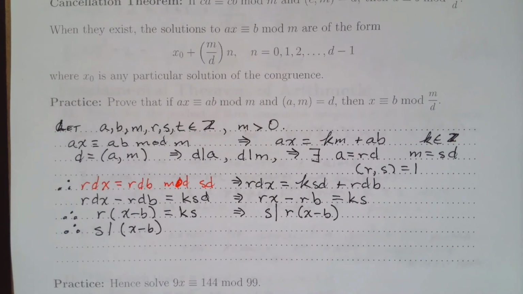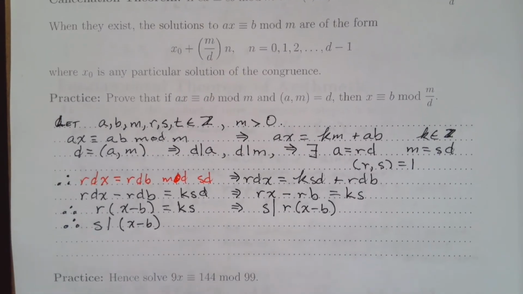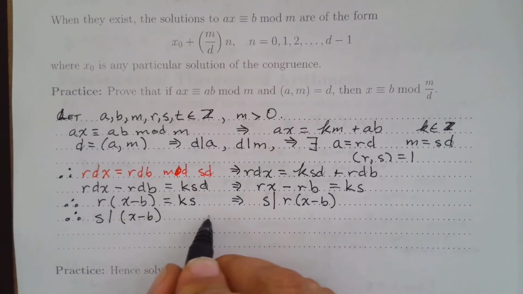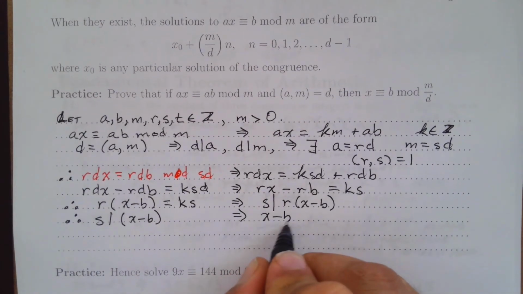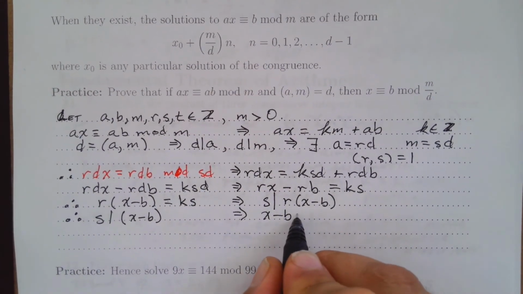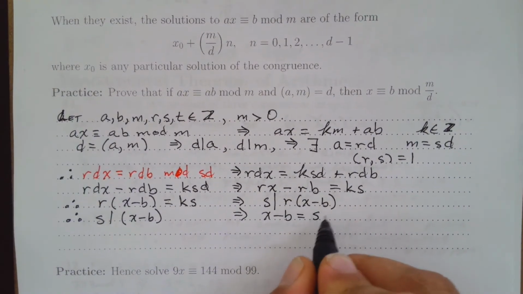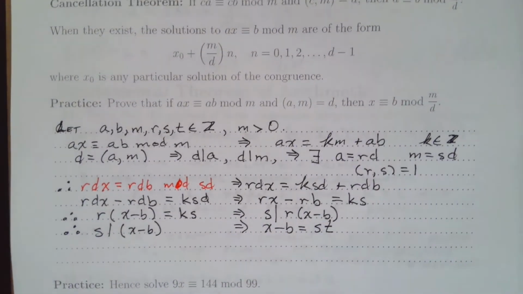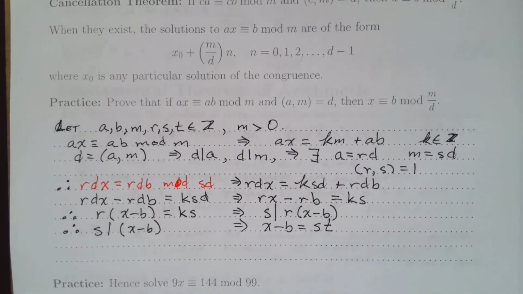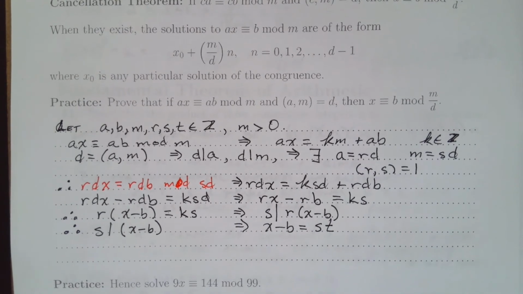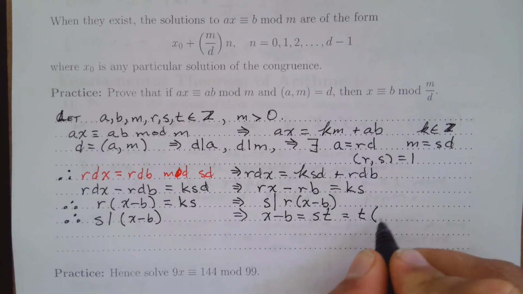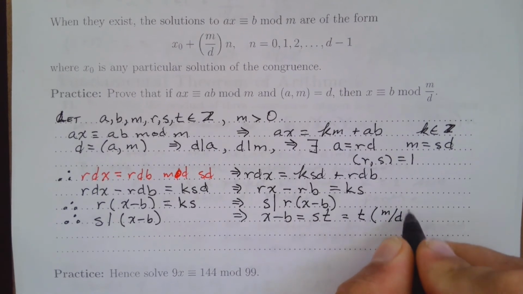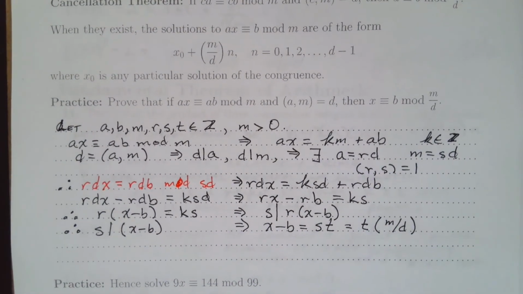And if S divides x minus b, the implication is that x minus b can be written as a multiple of S, so S times T, which we could say is really just T times M over D.